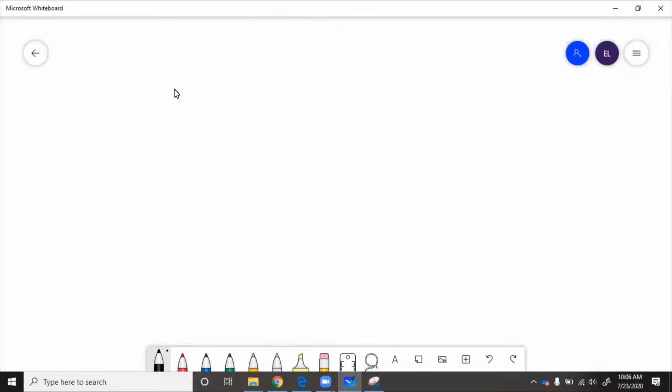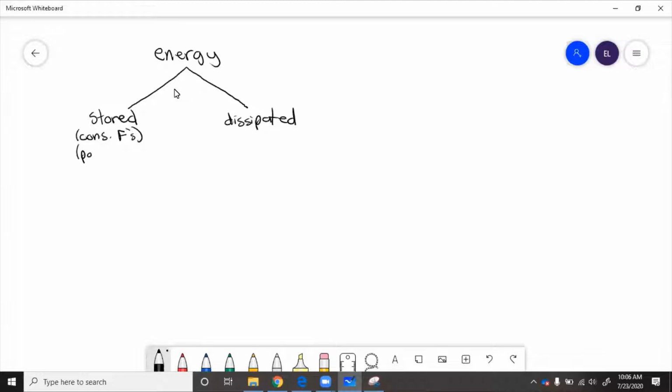Now, we talk about energy and forces. There are different kinds of these. So energy can be stored or dissipated. If it's stored, that is conservative forces, and it is path independent.